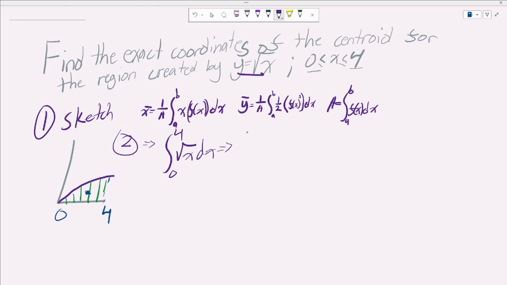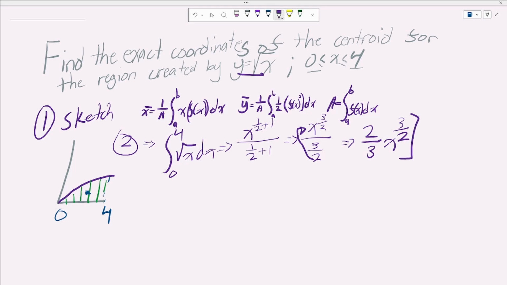When we take this integral using the power rule for integration, we'll have x to the 1/2 plus 1 all over 1/2 plus 1. So that'll be x to the 3/2 all over 3/2. And getting rid of the fraction in the denominator, we move this 2 up to the numerator, so we'll have 2/3 x to the 3/2.